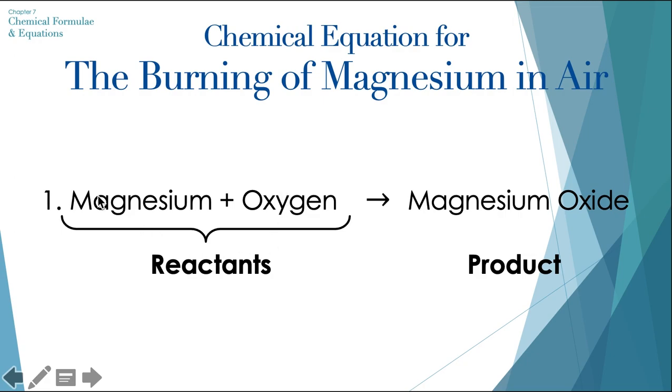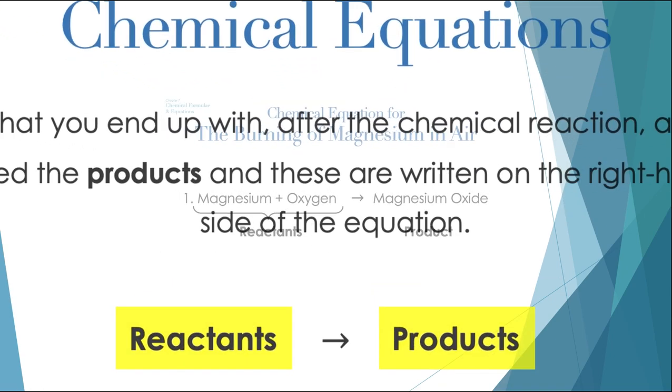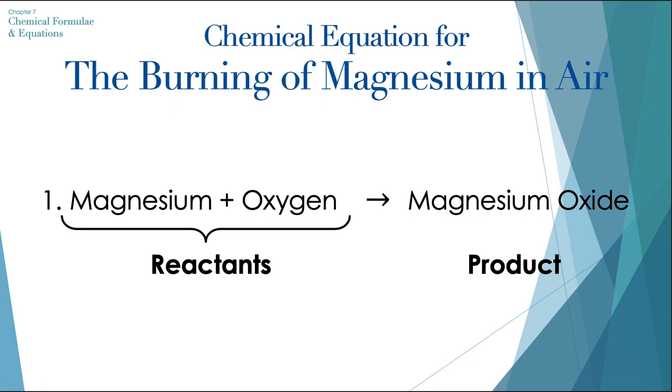These here are the reactants, and this here is the product, like we read before. So this is the first step: write down the equation in words with the information you have been given.